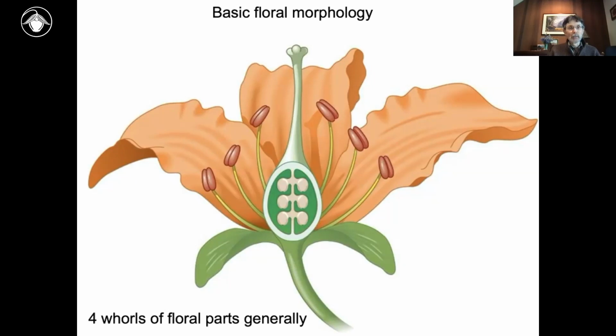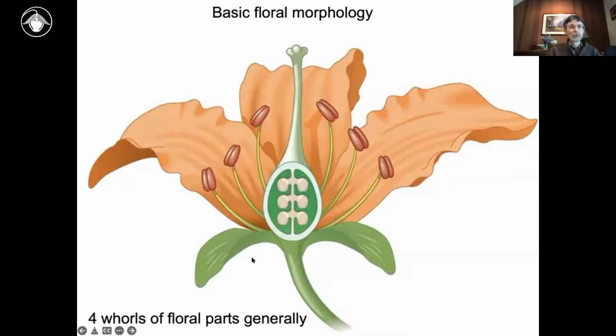We know this from morphological, anatomical, developmental, and genetic studies. When you look at a typical flower, like in this drawing, the stalk of the flower is a stem. And in this particular shoot, we just have 4 sets of leaves, and the stem terminates in the 4th set, the terminal-most set of parts.